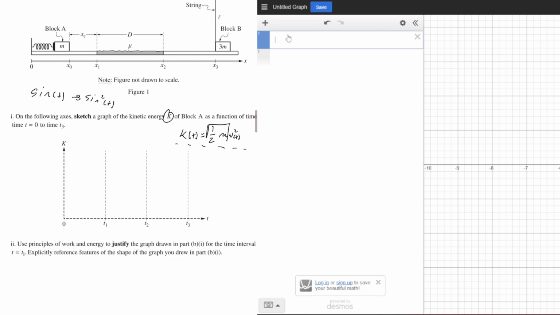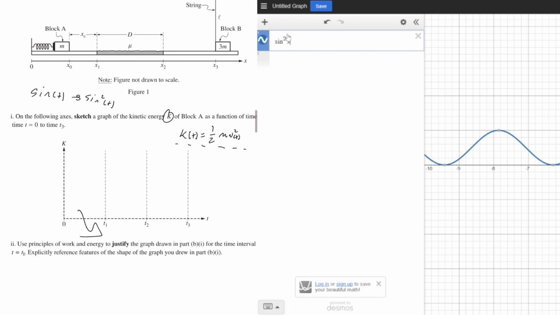Sure, they'll shift the graph up and down, but we're not asked with respect to a horizontal asymptote, so that won't matter. I'll put an image up on the screen, but I'm going to look at Desmos to see what sine squared looks like. Sine x squared never goes below this axis, because it's squared.